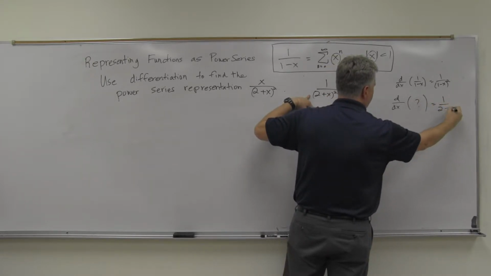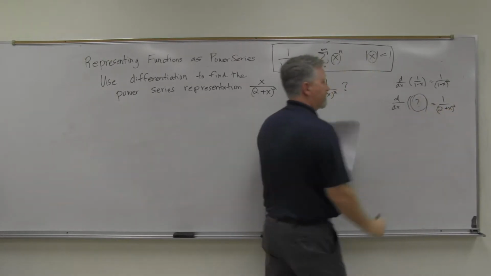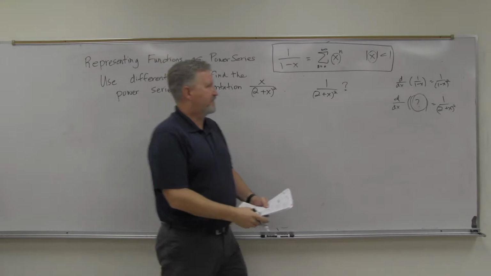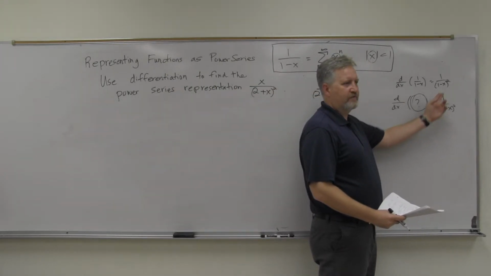So this is kind of what we're thinking through. What function would it take to give me a derivative of 1 over (2 plus x) squared?